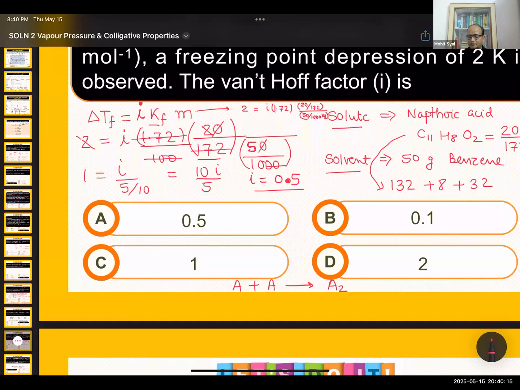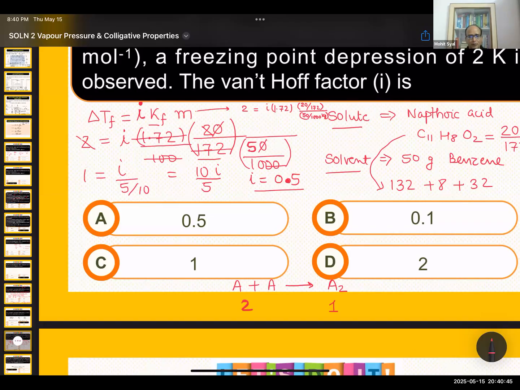Is it clear? So I started with 2 moles, but I ended with 1 mole. So I am telling what half means. I equal to half means the particles are combining together, they are undergoing dimerization, which means 2 molecules combining to form 1 molecule.